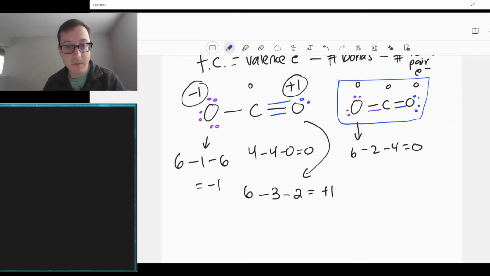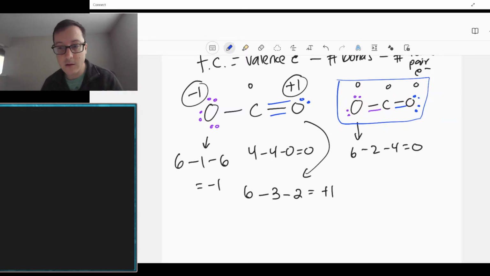Some of this Lewis structure work is somewhat trial and error. You try things out and follow the steps. If you end up with formal charges, think how you might be able to redistribute those. A negative formal charge means you have too many electrons on an atom.